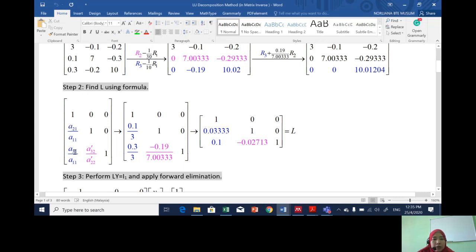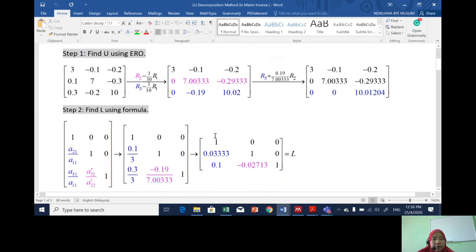In step 2, we find the lower matrix using the formulation. Find the blue color and then the purple color later on, and then we write down the matrix L. The lower matrix is a matrix where the entries in the lower part are non-zero and the diagonal entries are 1. So step 1, find the upper matrix.